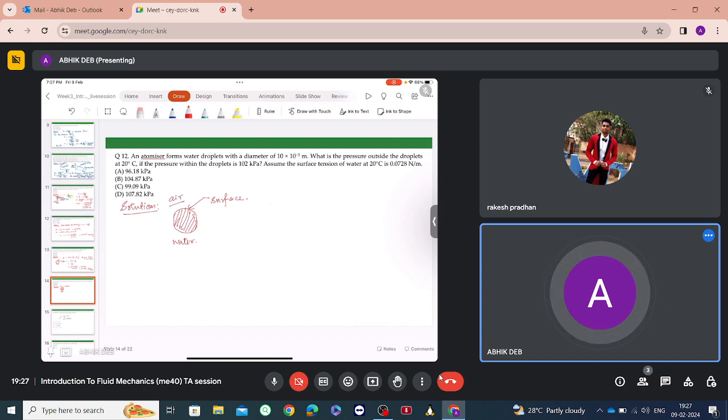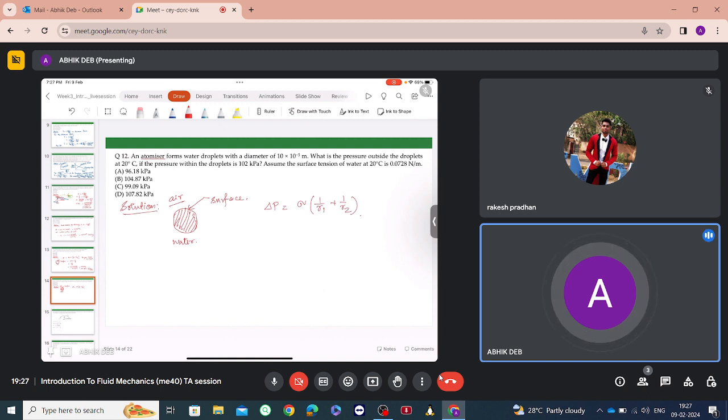So for this, delta P will just be sigma into 1 upon R1 plus 1 upon R2. If the pressure within the droplets is 102 kPa, we have to determine the pressure outside the droplets.